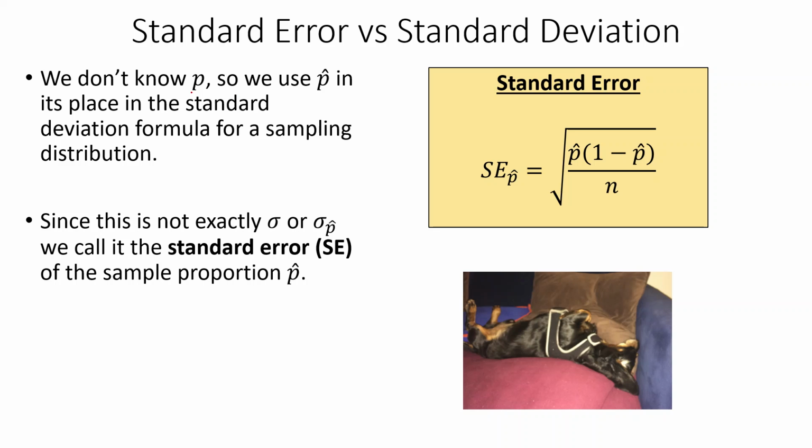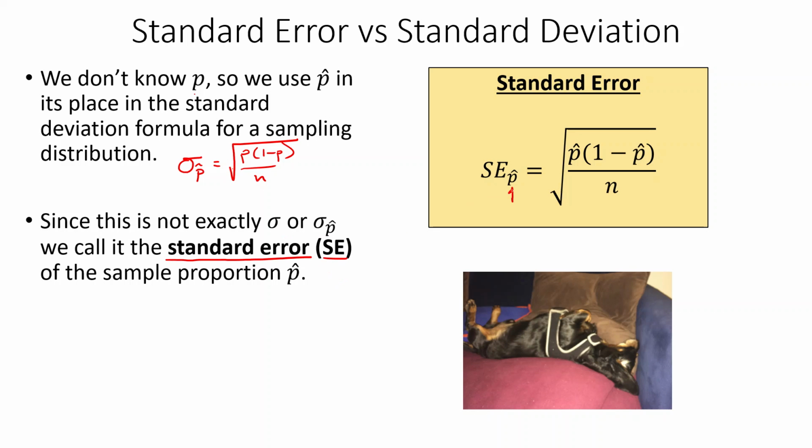But first, usually we use p in this standard deviation formula. Usually the standard deviation of p hat is the square root of p times 1 minus p over n. But since we're using p hat, instead of calling this the standard deviation for the sampling distribution, we call it the standard error, or SE.